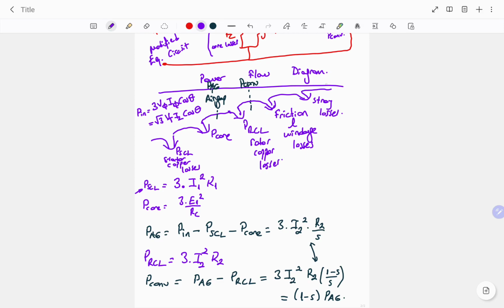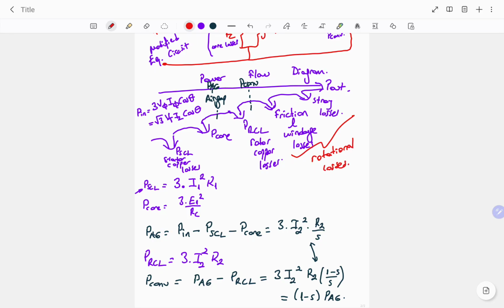And finally, we can find the output power. Friction, windage, and stray losses together will give us the rotational losses of the system.